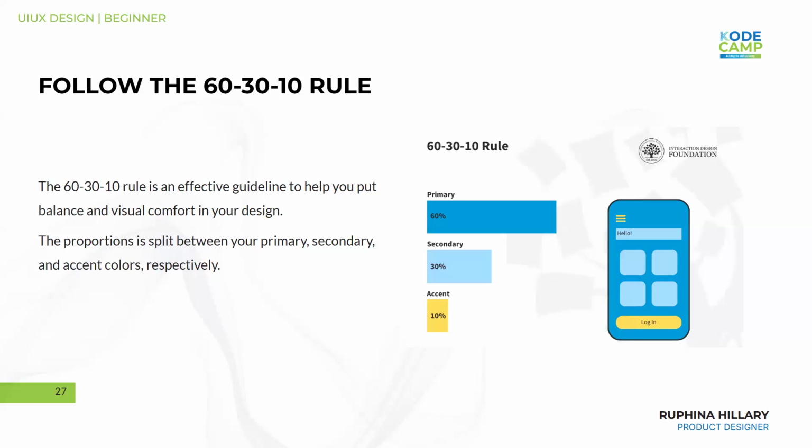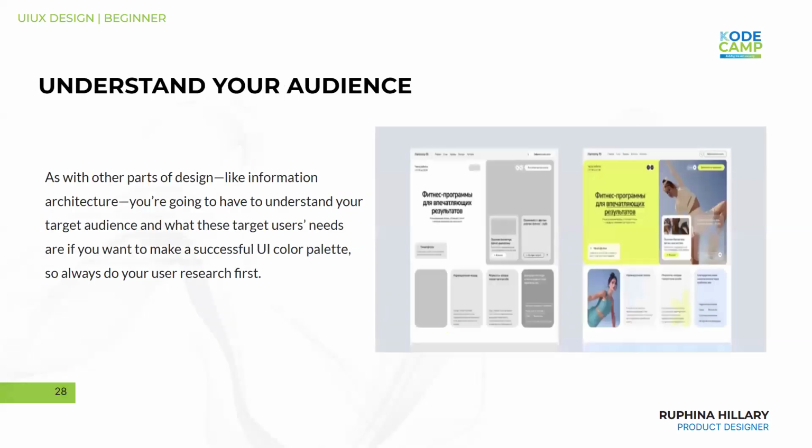So I'm not saying you should actually measure this 60, 30, and 10 with a ruler and calculator, but I'm just giving you a direction of how your design elements should be colored. Okay. So when you start seeing that your secondary color is surpassing your primary color, you just know there's a problem somewhere. So that's what the 60-30-10 rule informs us about.